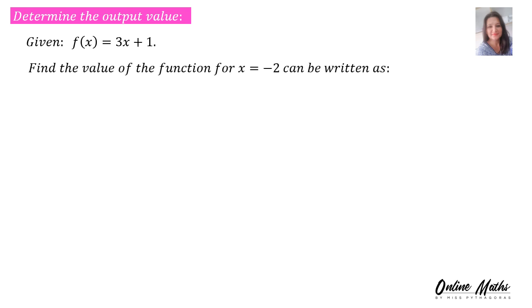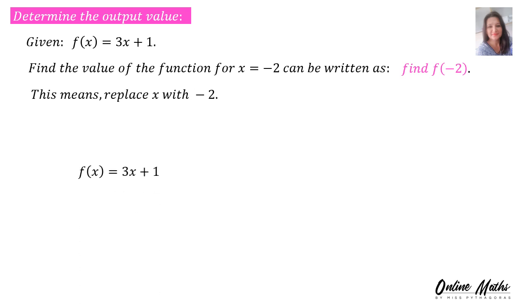Let's discuss how to determine the output value. Given f of x is equal to 3x plus 1, find the value of the function for x is equal to minus 2 can be written as find f of minus 2. This means replace x with negative 2.